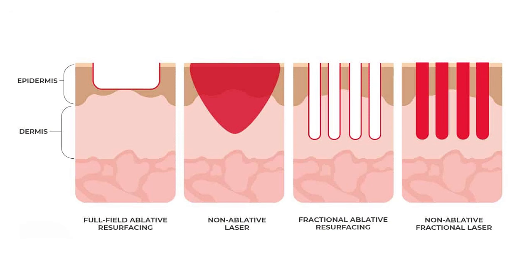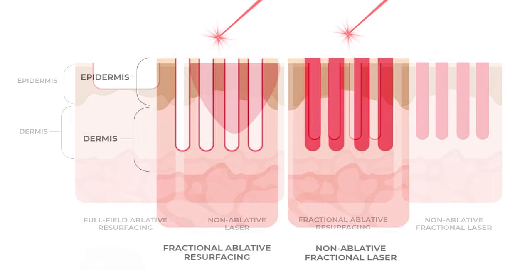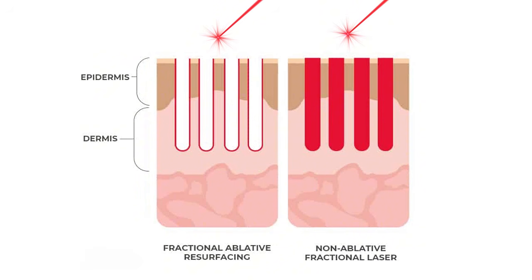I've heard mentioned the word fractionated, and the word gets thrown around a lot, and it's a confusing concept to understand. But what is fractionated versus a full field treatment in the world of lasers? So fractionated, these little packets of energy and light are hit in microscopic zones. So we have ablation or non-ablation, but the injury is there in a non-continuous way.